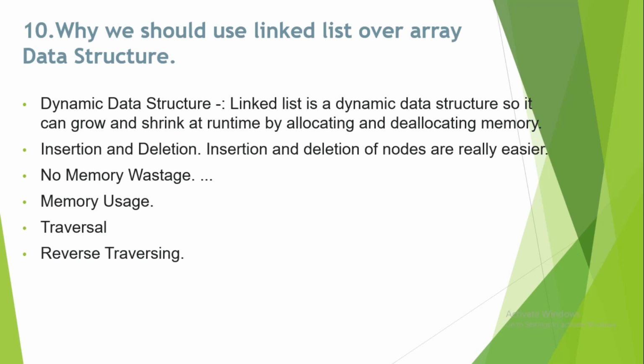And suppose sometimes you need 100 bytes of memory and you allocate 80, so you have to resize that particular array and again perform that operation. So we have many reasons to use linked list over the array data structure.